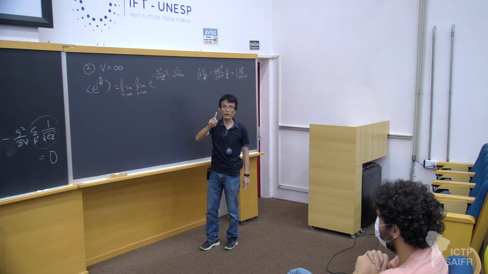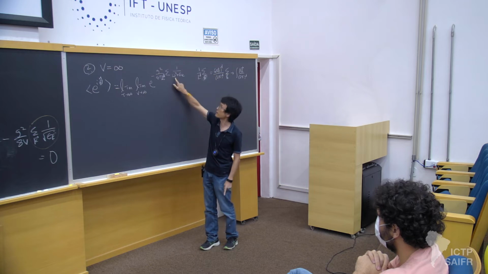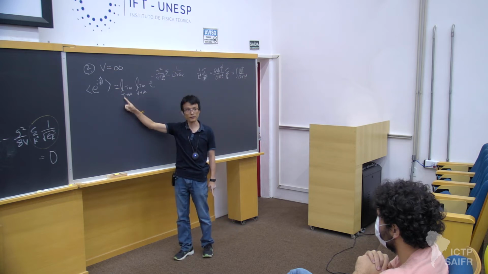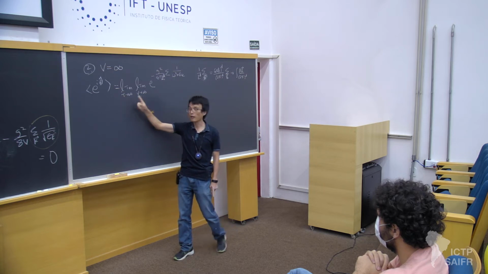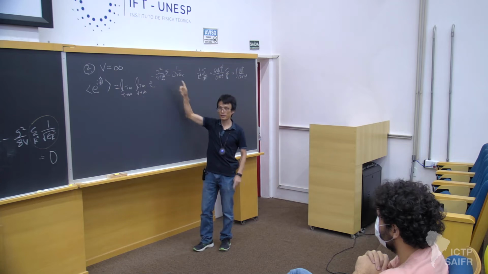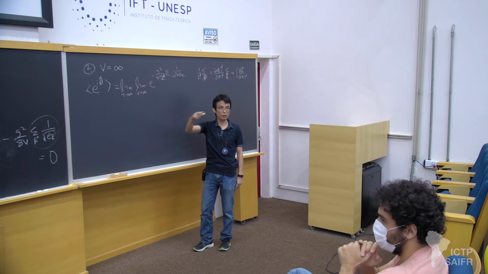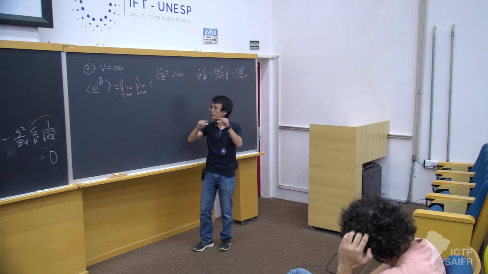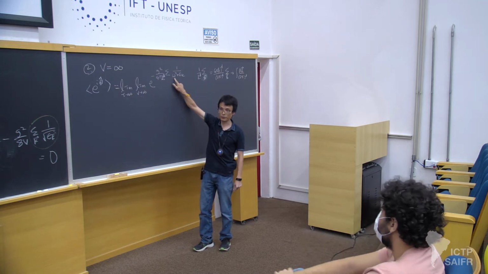However, what protects that divergence is this omega. Because we are taking first the large V limit at finite t. At finite t, omega is strictly above 0 because the lowest allowed frequency is pi over t, right? So for any finite t, this omega is non-zero.